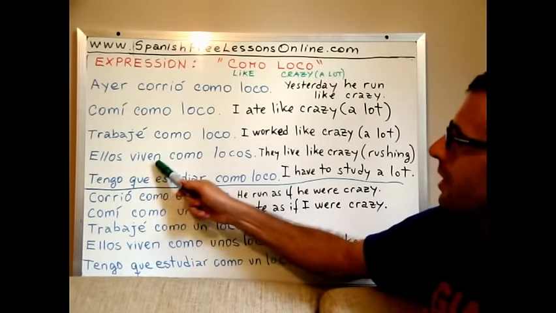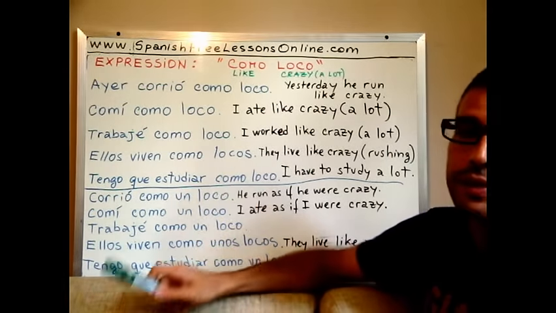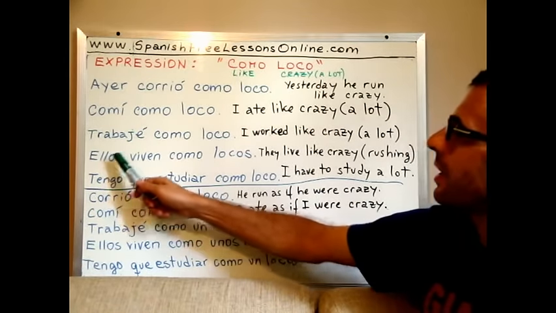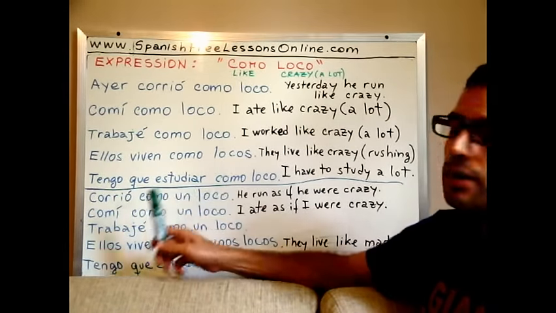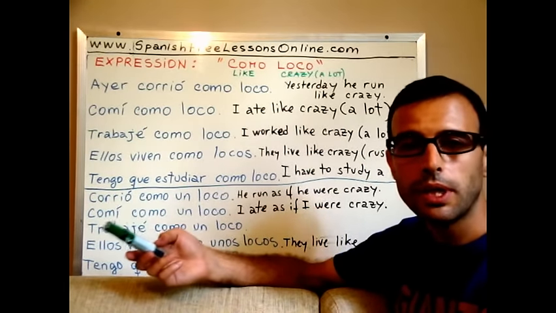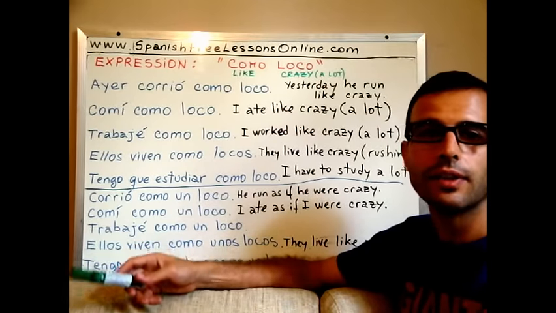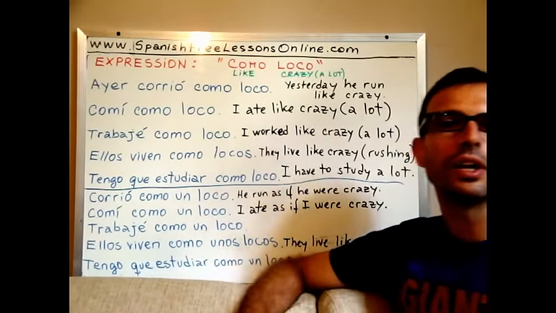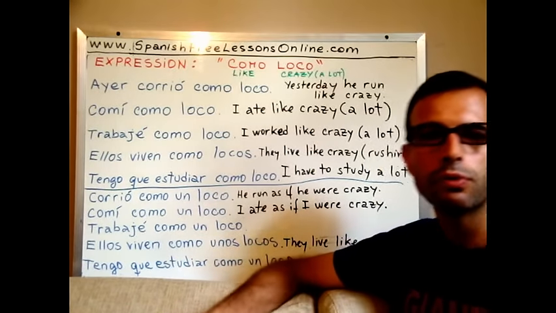Ellos viven como locos. They live like crazy. Here, this would actually mean that they live in a rush, right? They're always rushing and in a hurry and running from one place to another.